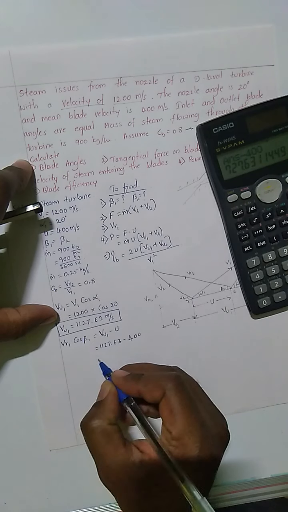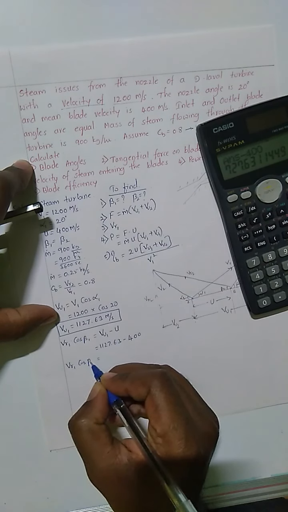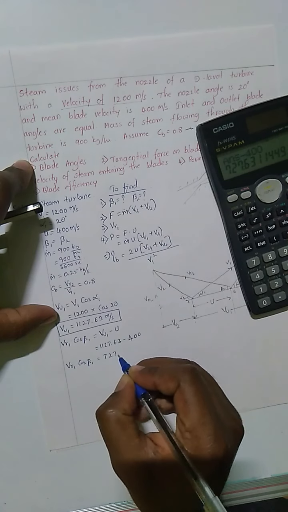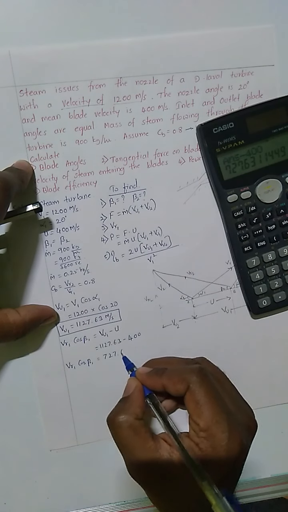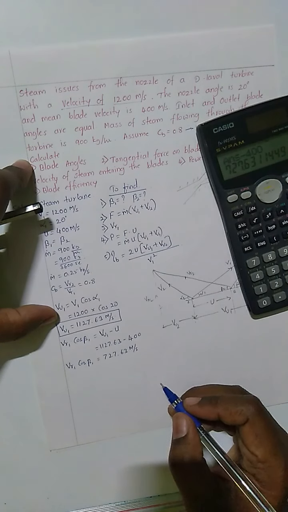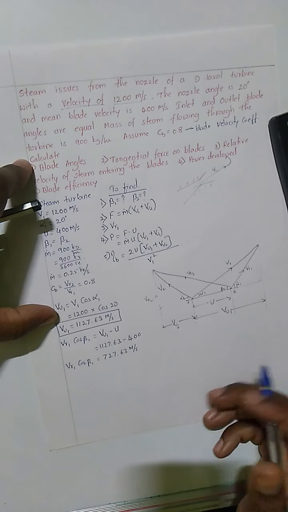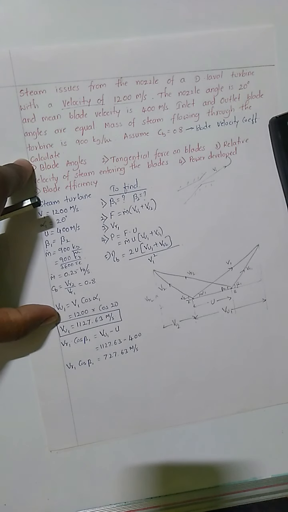So VR1 cos beta 1 is 727.63 meters per second. Now let us find VM1, and using this we will get VR1.